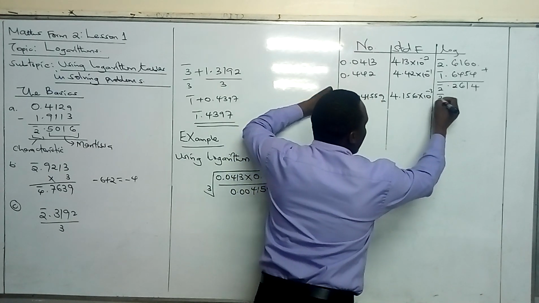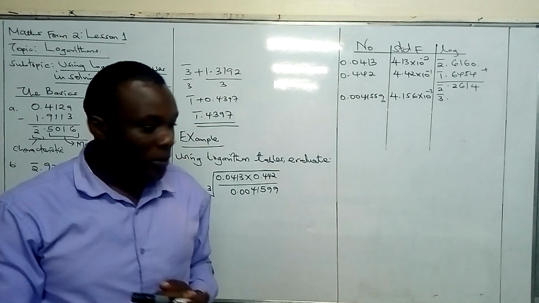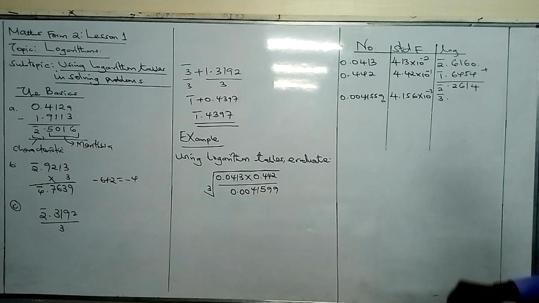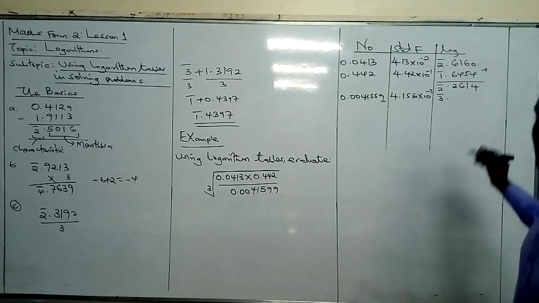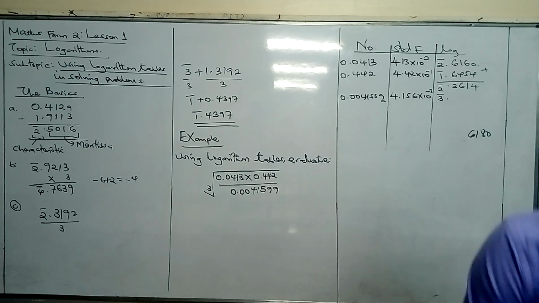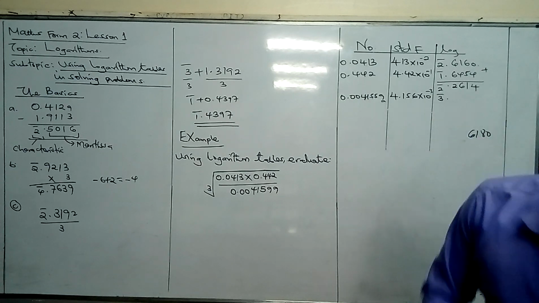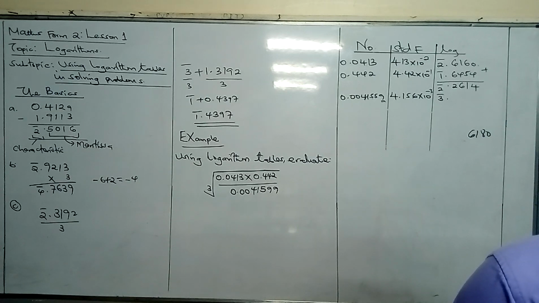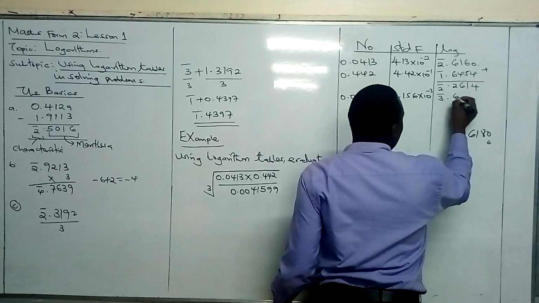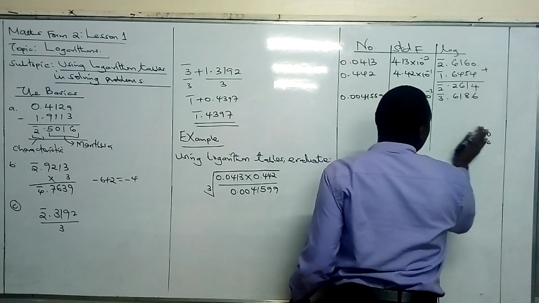So let's look for 4.1 under column 5, which is 6180. Then at the end we have 6, which is 6. Then you add. So that will give us 6186.